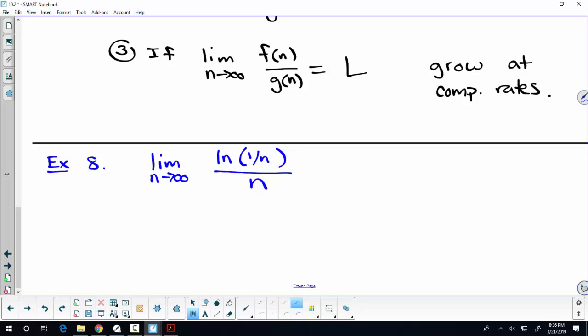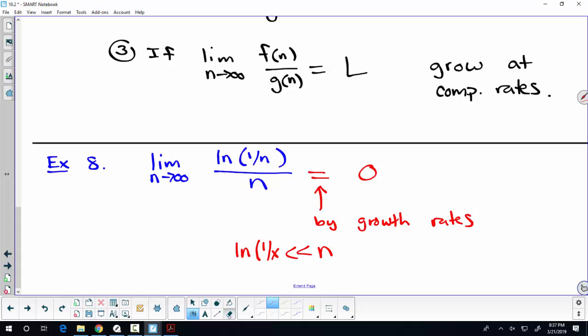It really wasn't that involved, but nonetheless, with growth rates, which one of these functions grows faster? The bottom, n to the first power grows faster than any logarithm. So what does that equal? 0. The bottom grows faster.